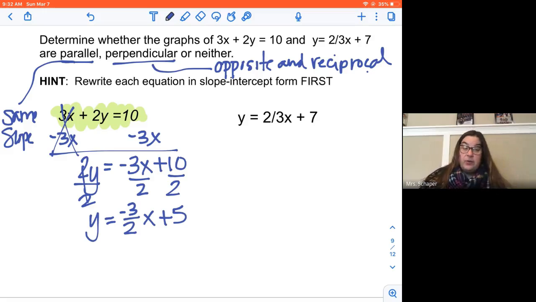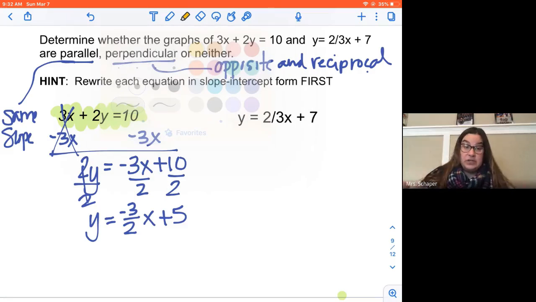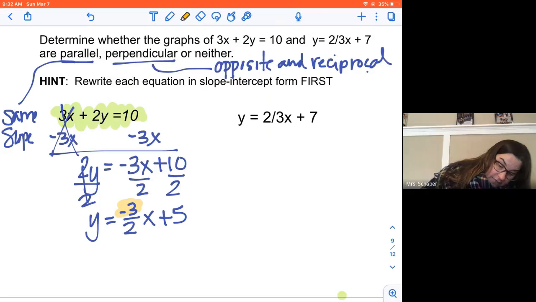Now I have my equations written in slope-intercept form. The second one is also in slope-intercept form. So what I'm going to do is take my highlighter, and I'm going to highlight the slope in each case. I have negative 3/2, and I have 2/3. Negative 3/2 and 2/3.